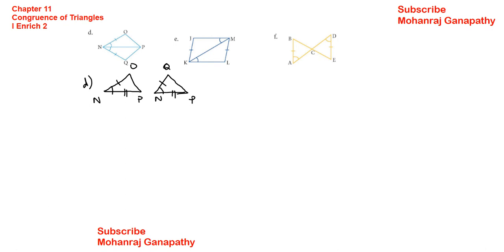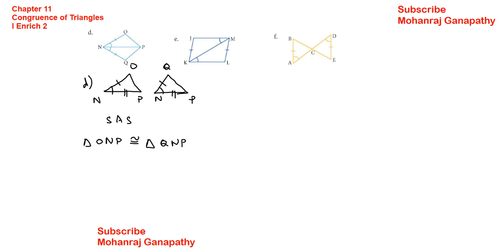So side-angle-side congruence. Triangle ONP is congruent to triangle QNP. Either way you can write it; you can also write NPO is congruent to NPQ, or NOP is congruent to NQP.